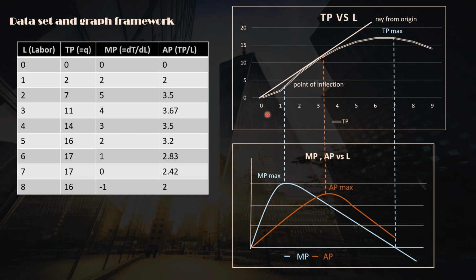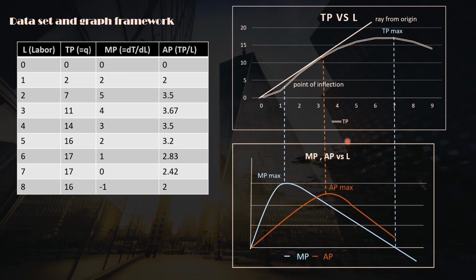At first, TP is increasing at increasing rate, making the graph convex. But at the point of inflection, TP increases at decreasing rate, making the graph concave till TP max. When TP is increasing at increasing rate, MP is also increasing.